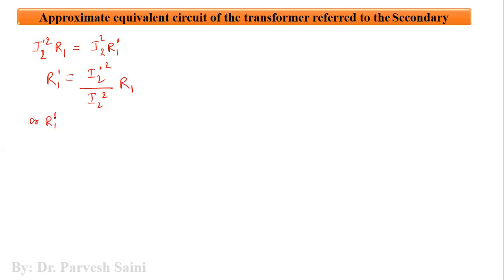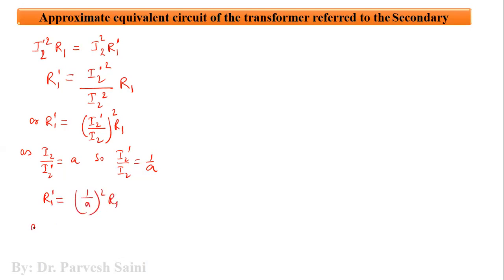As I2 by I2 dash is equal to A, I2 dash by I2 is 1 by A, right? So R1 dash is equal to 1 by A square R1, or R1 dash is equal to R1 by A square, right?